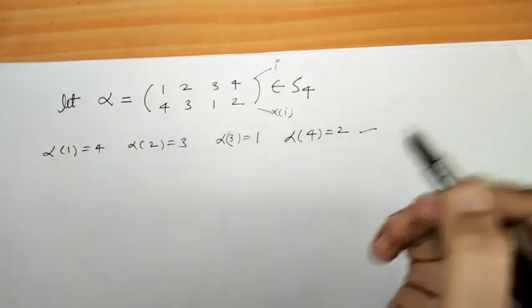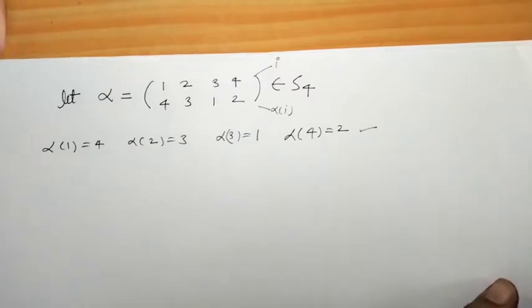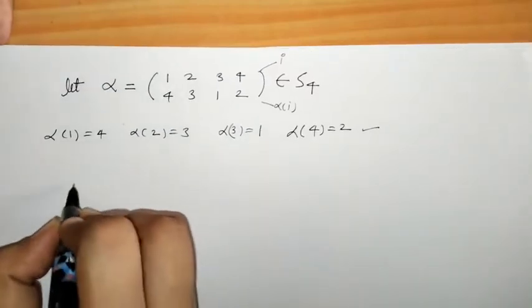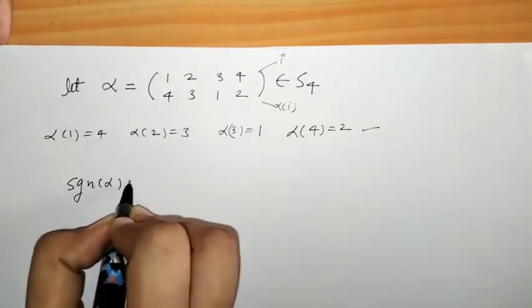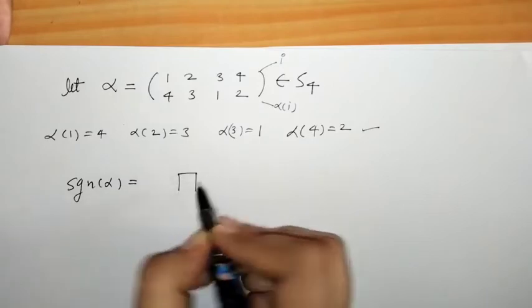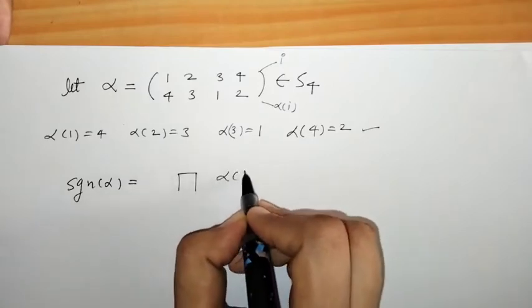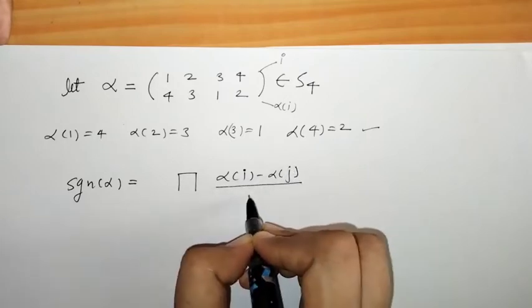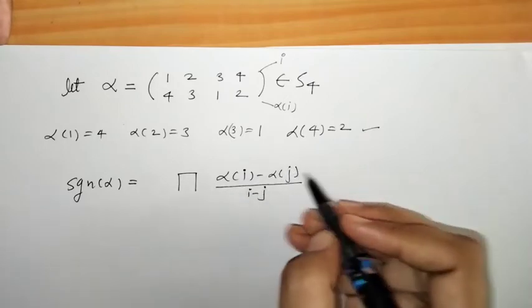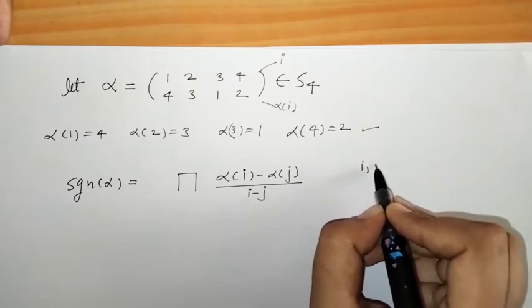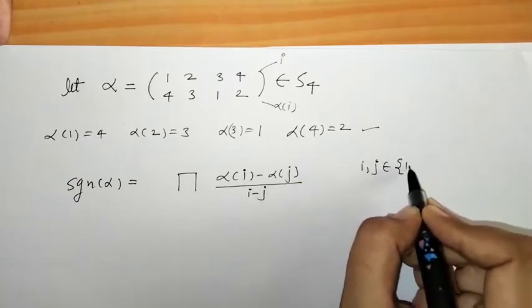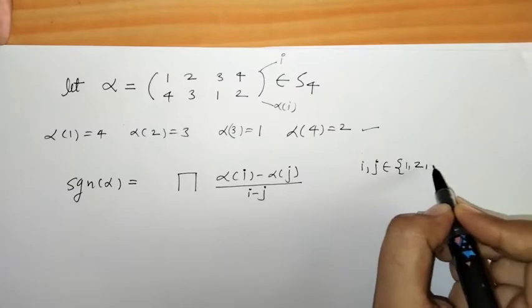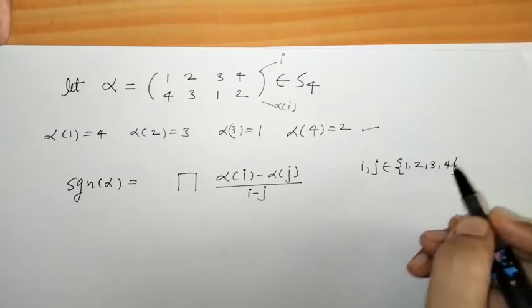Now we have to find its signature. Now signature is given by this formula. This is the product of alpha of i minus alpha of j upon i minus j, right? Where i, j belongs to this set having elements 1, 2, 3, 4, right?